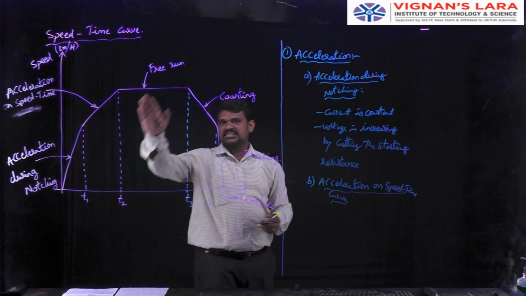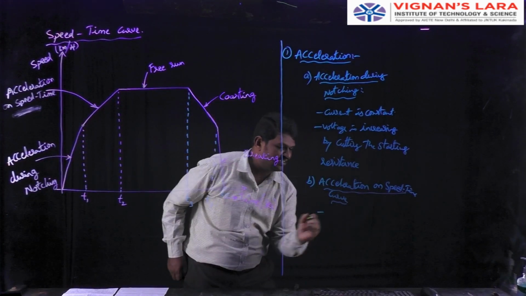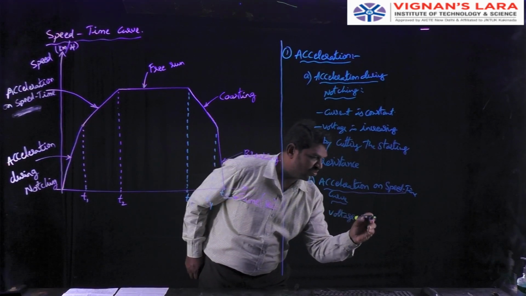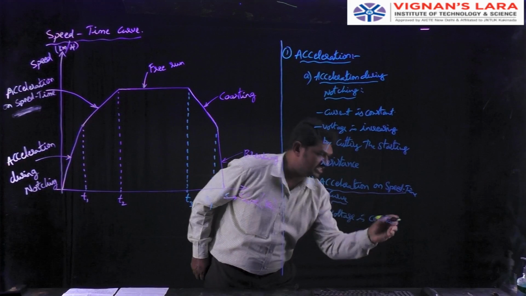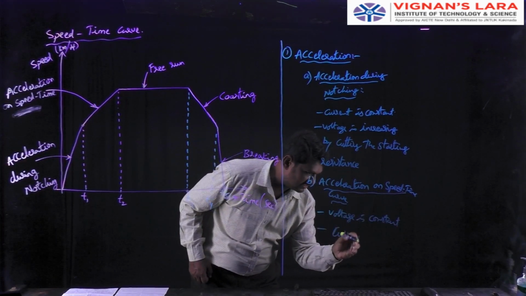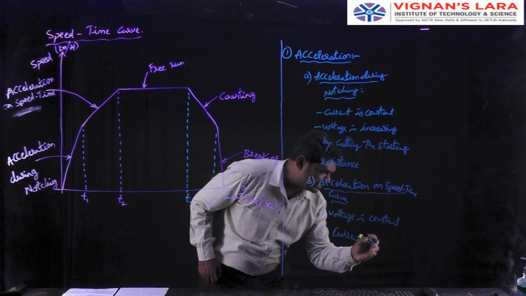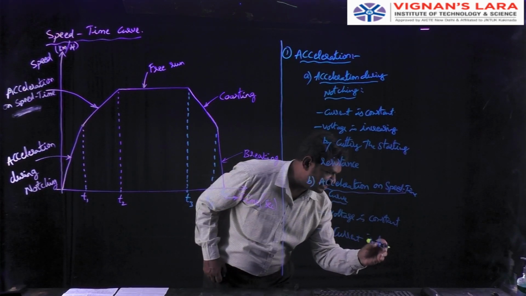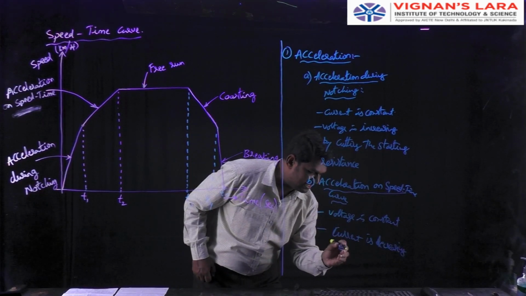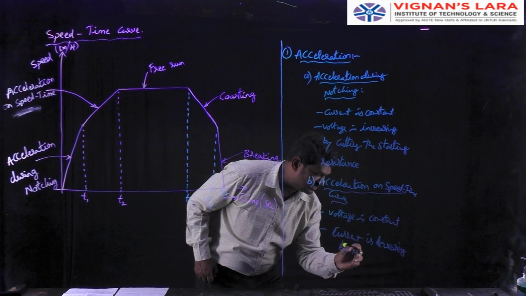The voltage is constant, but the current is decreasing as the speed increases.